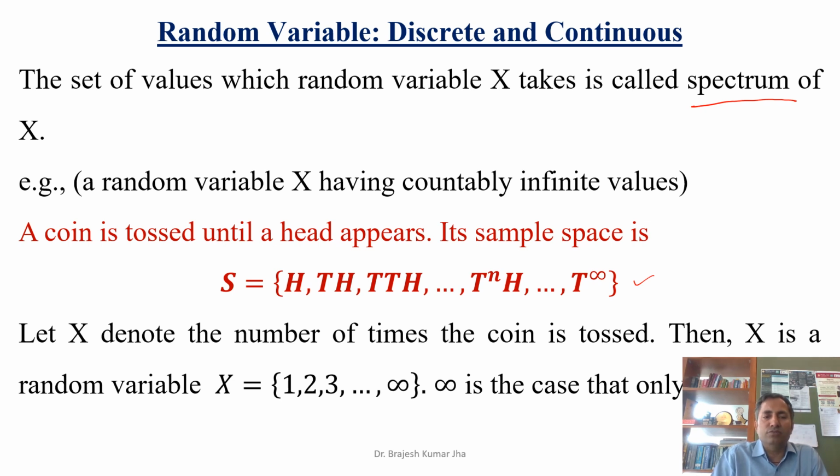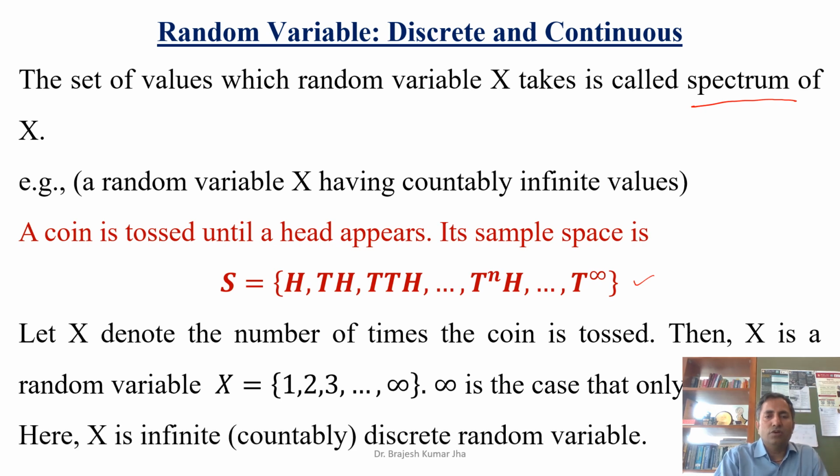The number of times tossed can be 1, 2, 3. If you are talking about head comes or tail comes, then 0 we have to add in this x. So x can be defined in the form of the number system.